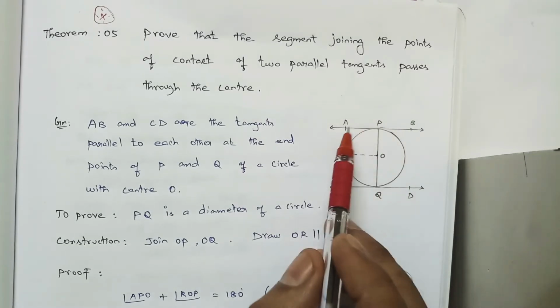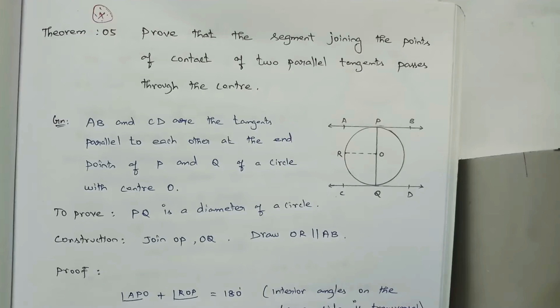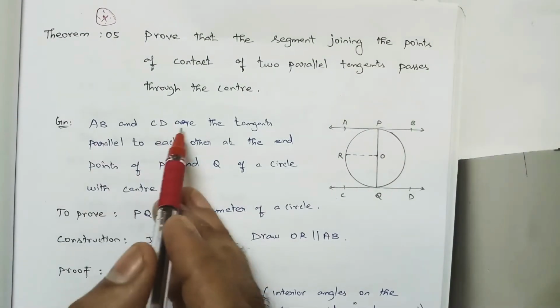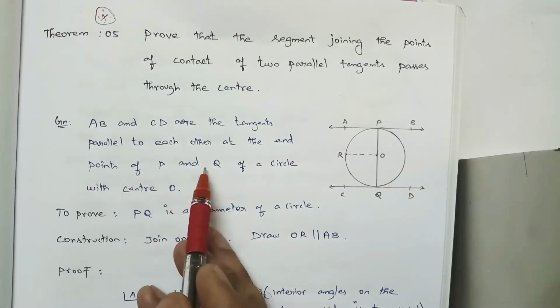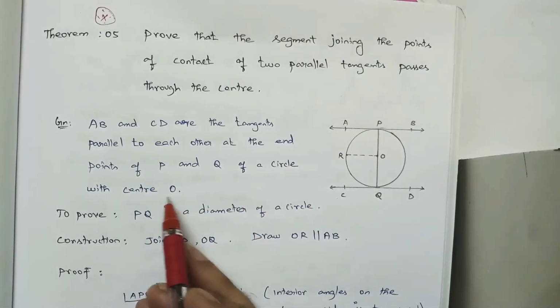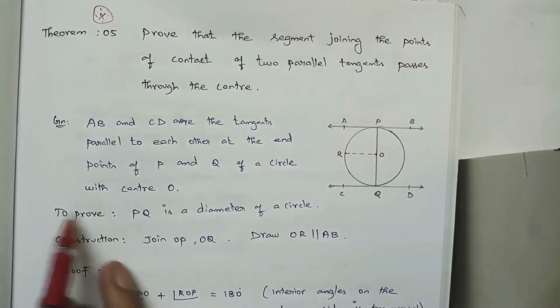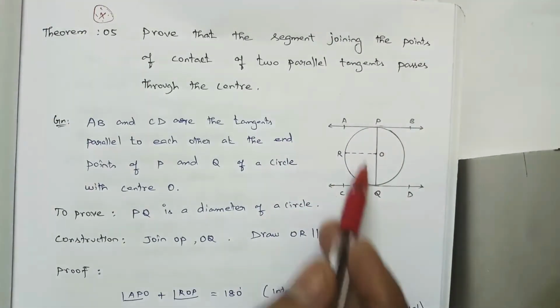What is given? AB and CD are the parallel tangents. How I am going to prove it is very simple. First write the given: AB and CD are tangents parallel to each other at end points P and Q of a circle with center O. To prove: PQ is a diameter of a circle.